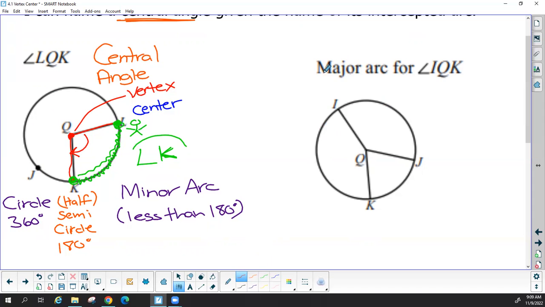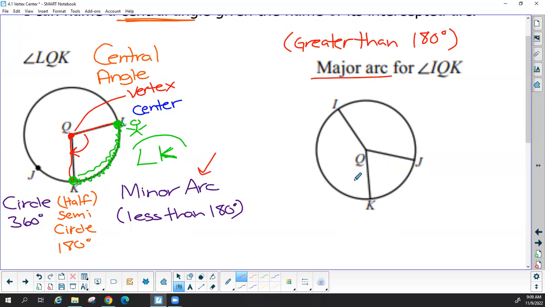So you might guess from looking here and from the fact we named something a minor arc that there's something called a major arc. And a major arc is greater than 180. Of course, any arc needs to be 360 or less. So if I talk about an arc that's 360 degrees, that's the whole circle.